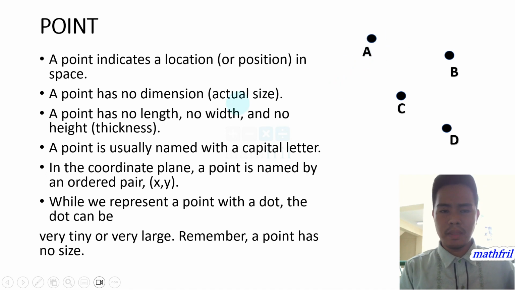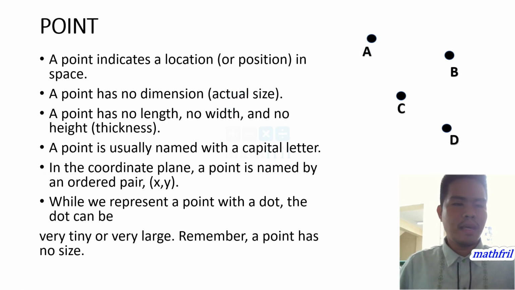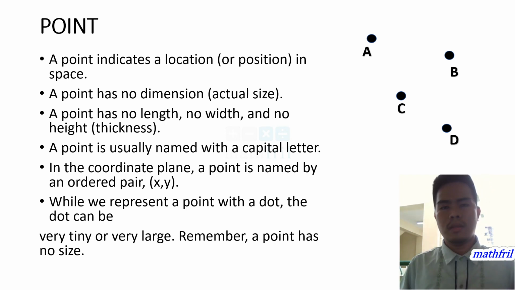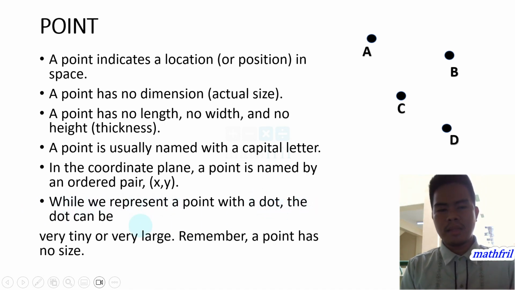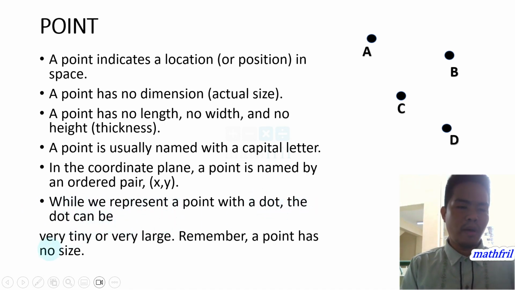It should be a capital letter. In the coordinate plane, a point is named by an ordered pair. That is why in our previous lessons, the last quarter, (x, y) can represent a point. And the last one: while we represent a point with a dot, the dot can be very tiny or very large. Remember, a point has no size. So that's the idea of a point.